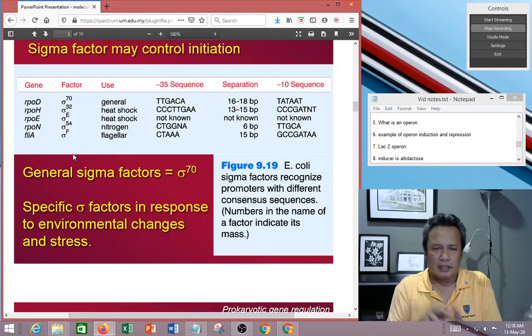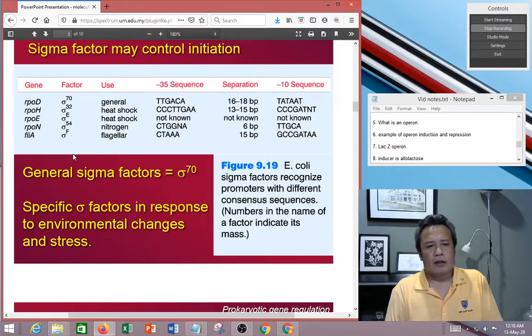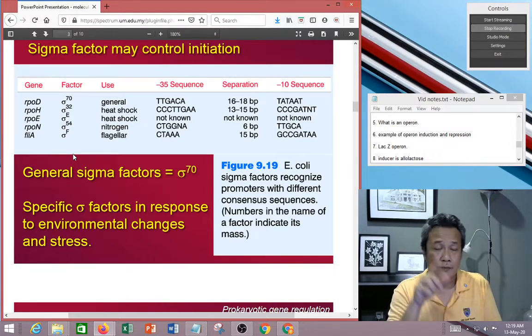It's the same sigma factor that can be used to recognize many different types of promoters. But they also found that there are other specialized sigma factors, and these specialized sigma factors bind or identify specific sequences.